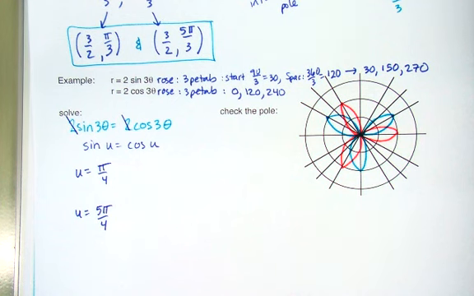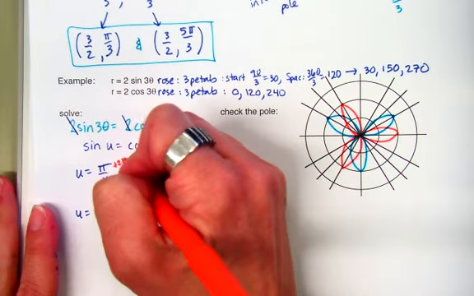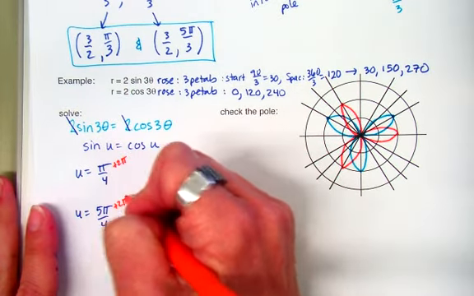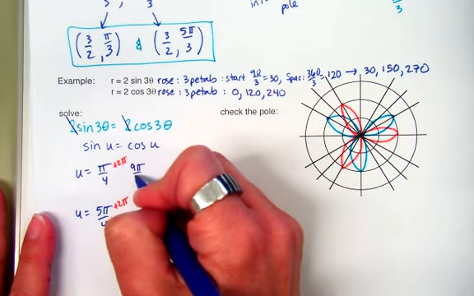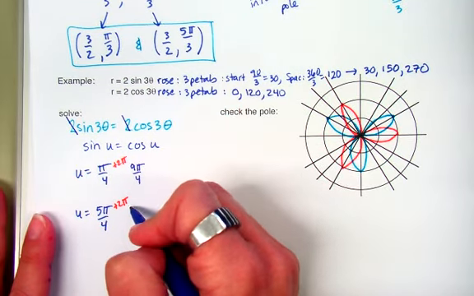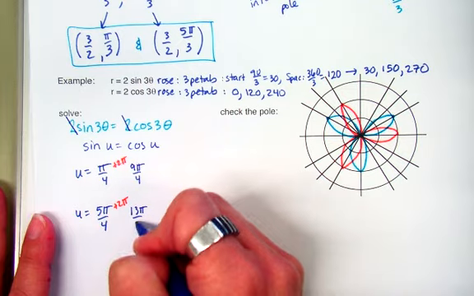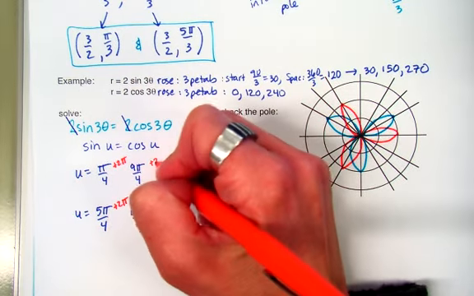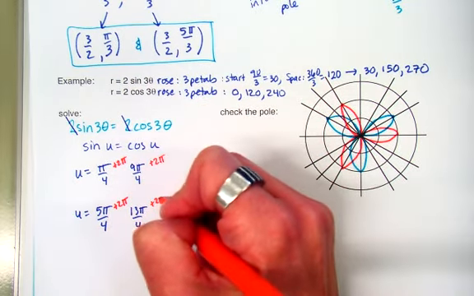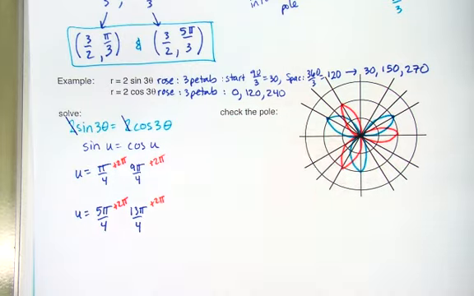Since it's a u substitution, I have to generate more. Add 2 pi. What do we get? 9 pi over 4 here, and 13 pi over 4. Add another 2 pi because u is equal to 3theta. So this would be what, 17 pi over 4?